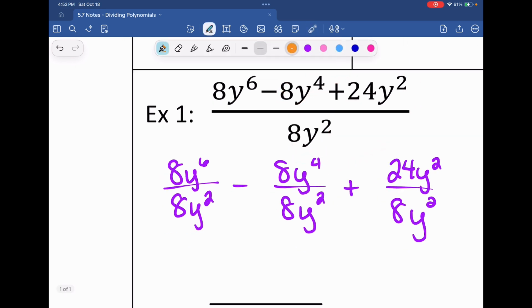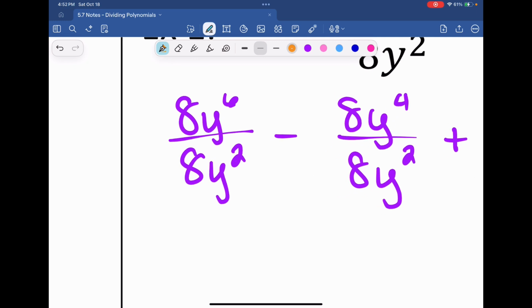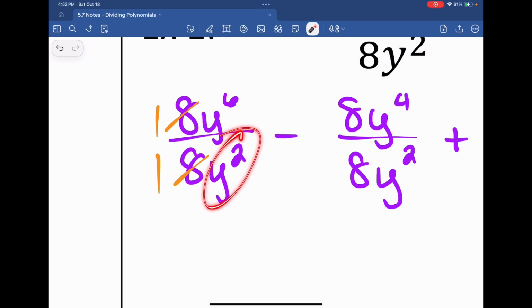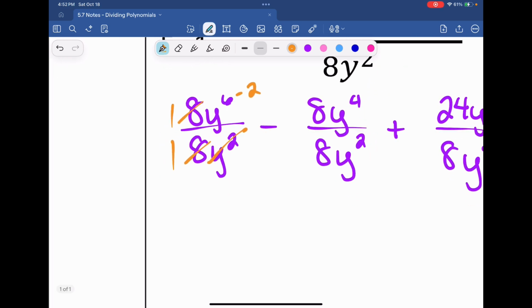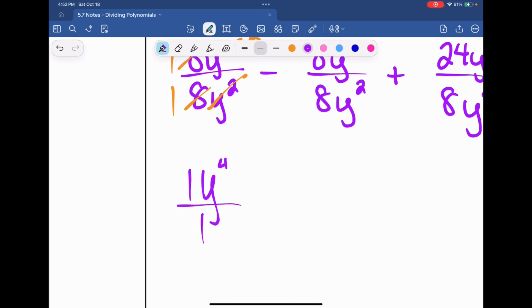And now I can use our laws of exponents to simplify. So 8 goes into itself once. 2 is the smaller exponent. So I'm going to take it away from the 6. And that leaves me with basically 1 y to the 4th over 1. But I don't need the over 1, I don't need the fraction bar, and I don't need the 1.